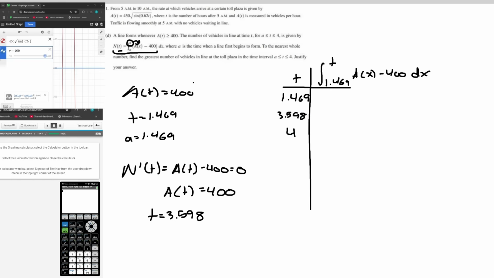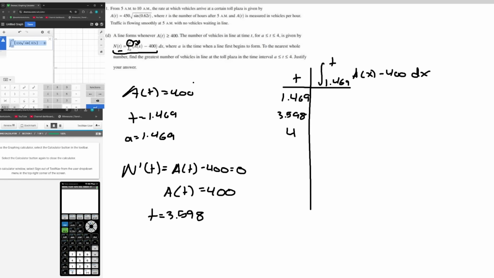I'm just going to evaluate this in my Desmos. So I'll do the integral of 450 square root of sine of 0.62x, minus 400 dx.